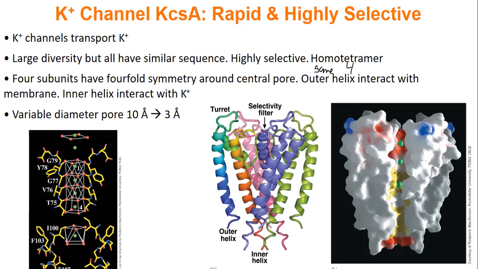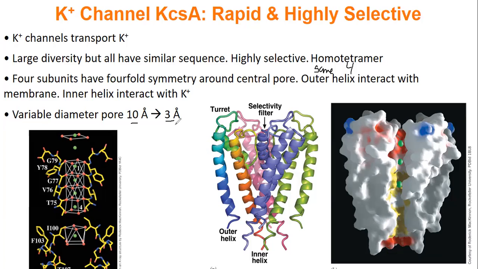It's really hard to see on these pictures, but it's the protein just kind of forming a cone with a hole in the center. Now, the pore itself changes diameter depending on where you are. So we have one part of the pore that can be up to 10 angstroms, and another part of the pore that can be 3 angstroms.